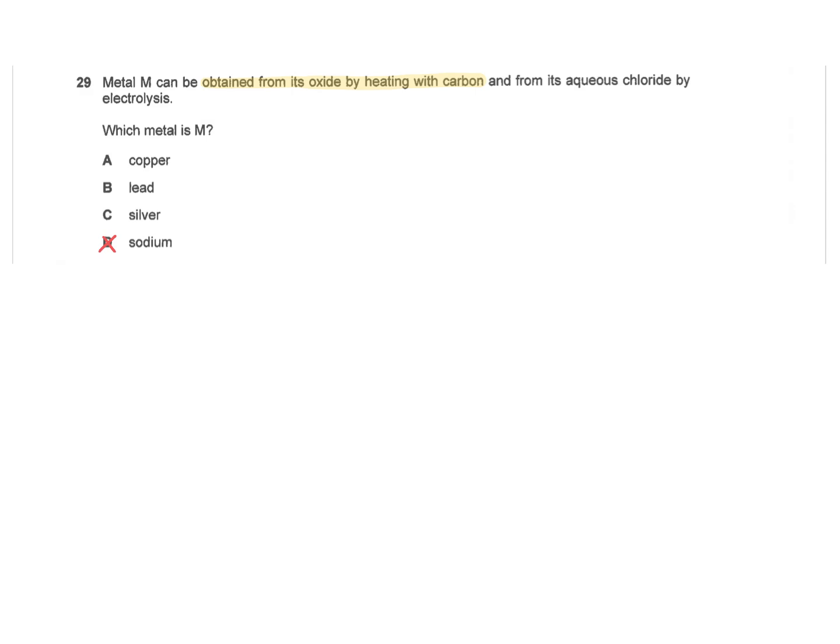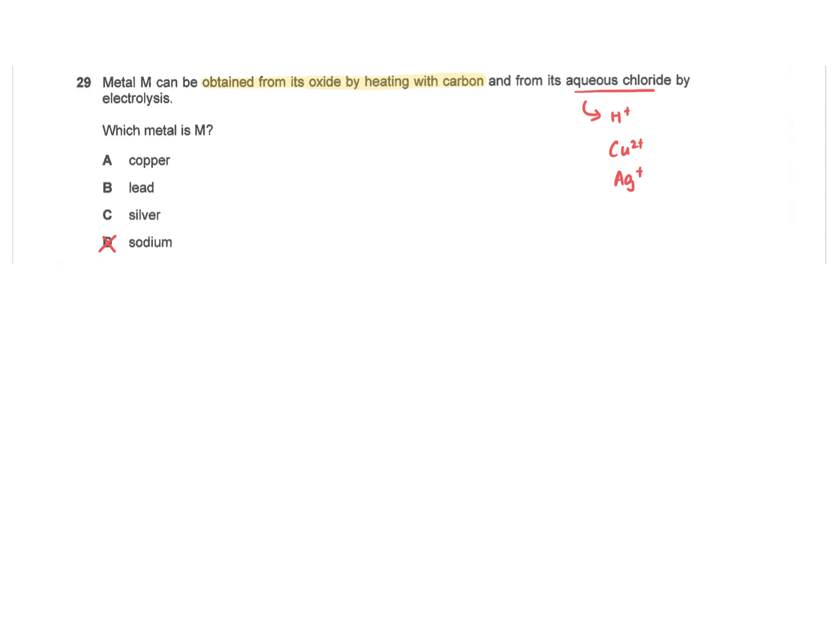Next, it can be obtained from its aqueous chloride by electrolysis. For a metal to be extracted from an aqueous solution, remember aqueous solutions would contain H+, right? It means that the metal ion must be below H+ in the electrochemical series, and that would mean that it would be either copper or silver.